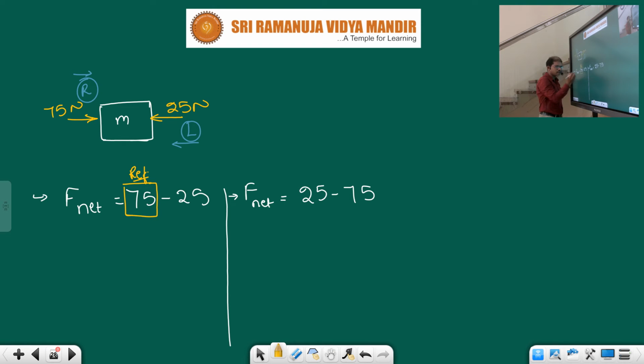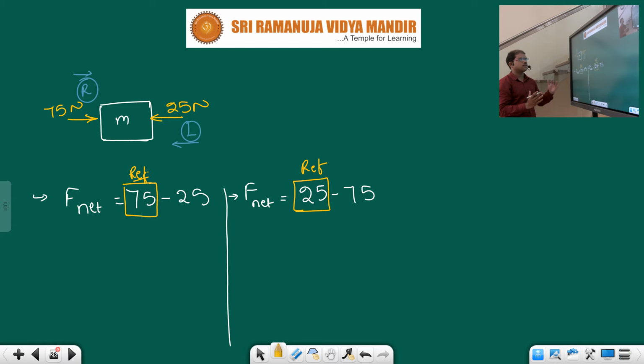When you write 75 minus 25, mathematically it represents that the block is moving towards the direction in which the 75 newtons is acting. And here, observe what you have written: the reference is 25 newtons. What is our assumption here? We are assuming that the block is moving towards the direction in which the 25 newtons is acting.